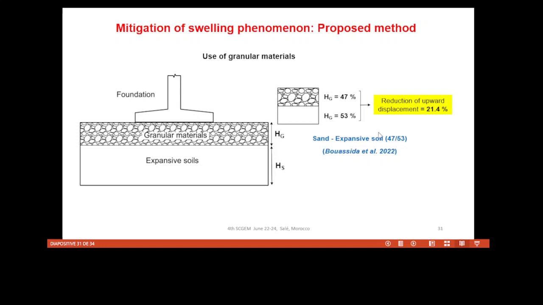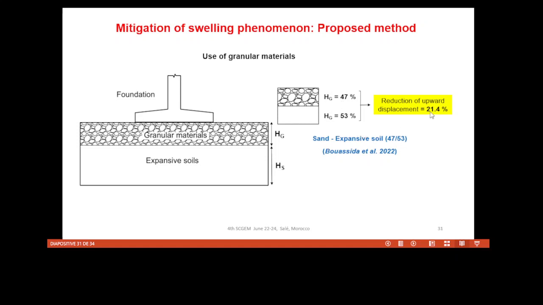As a matter of fact, we have performed an oedometer test for which the specimen comprises two materials, as we can see here. We have the thickness of the granular material, HG, and the thickness of the expansive soil.